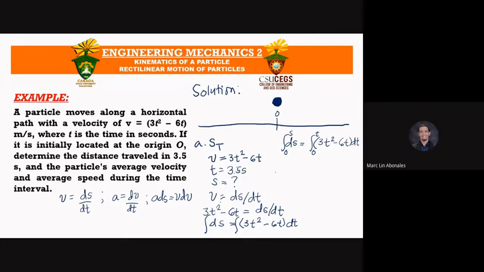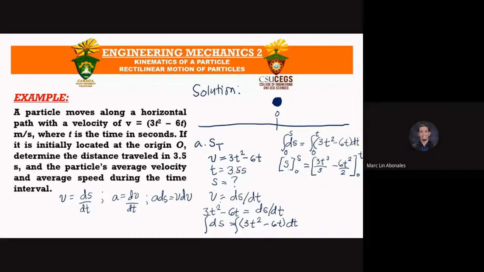So for this one, this is integral of the s. That is s, 0 to s. This is integral of 3t squared. That is 3t cubed over 3 minus 6t squared over 2, 0 to t.